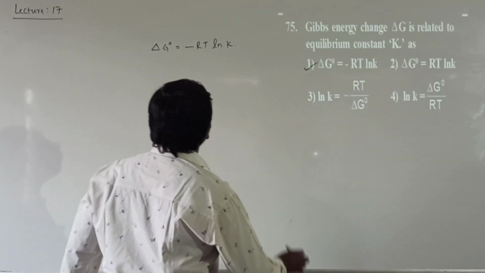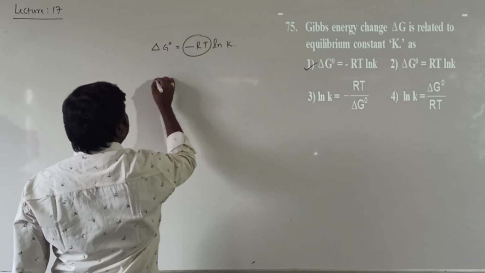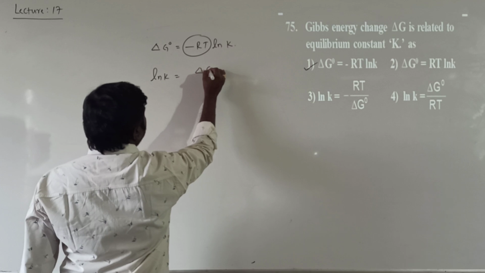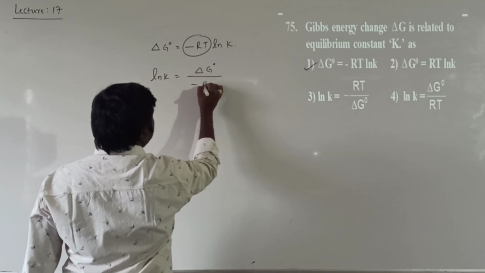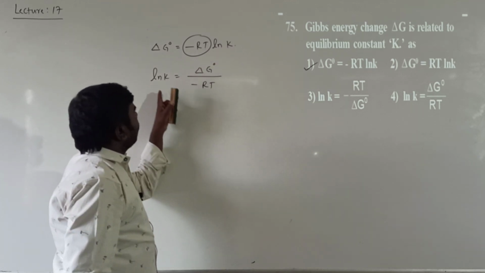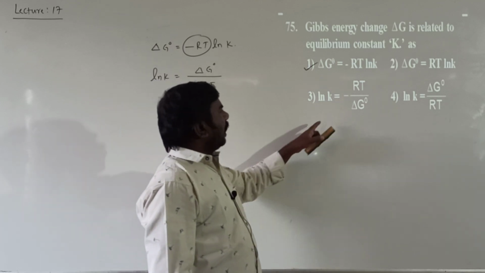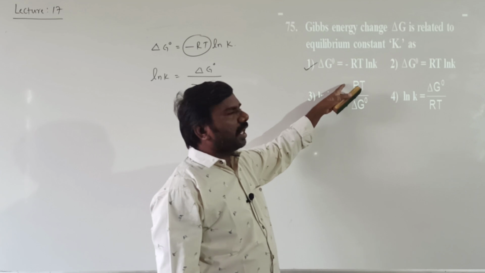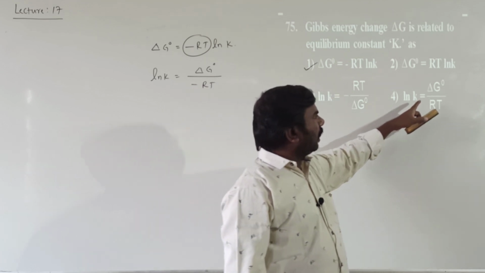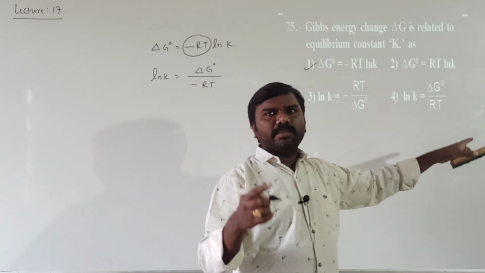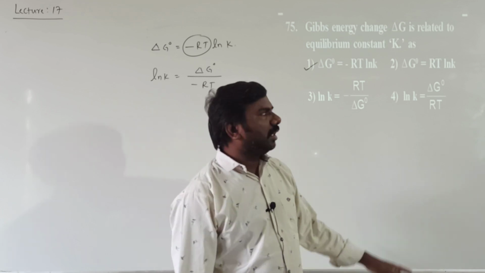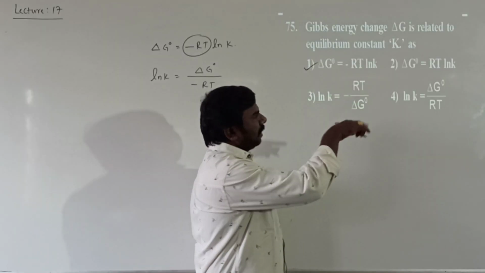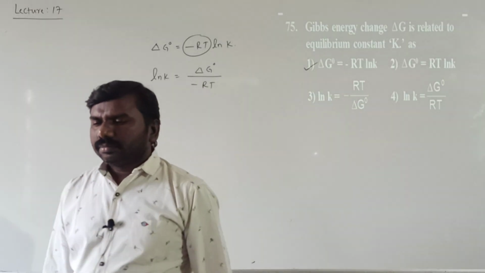When you shift this term to the left side, then it becomes ln K equal to delta G naught by minus RT, but here RT by, that's why wrong. Here delta G naught by RT is correct, but the minus sign is there, that's why it is wrong. Clear? So, first option is correct, remaining 3 options are wrong.